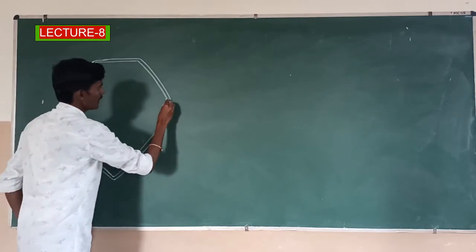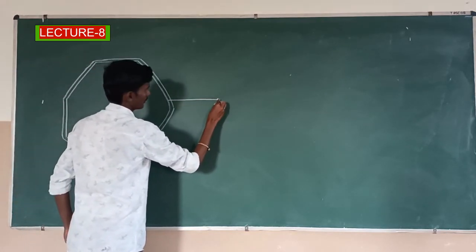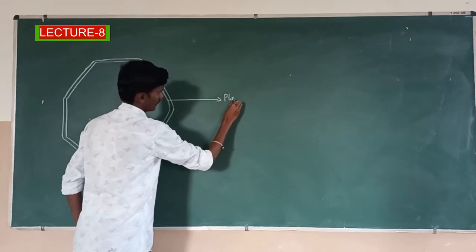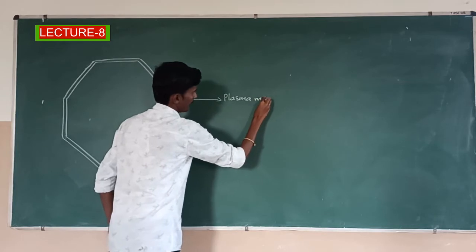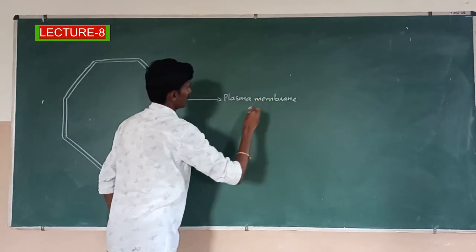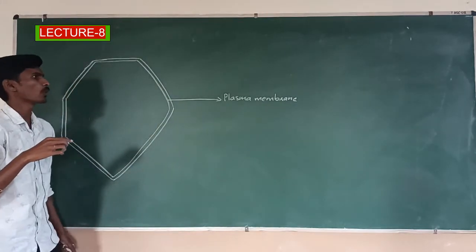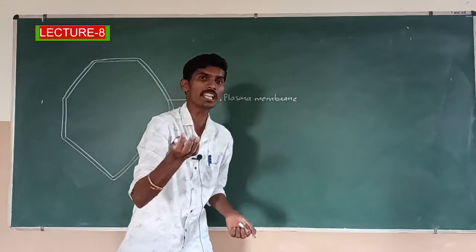This is called the plasma membrane. Another rigid covering is called the cell wall. It lies outside the plasma membrane.